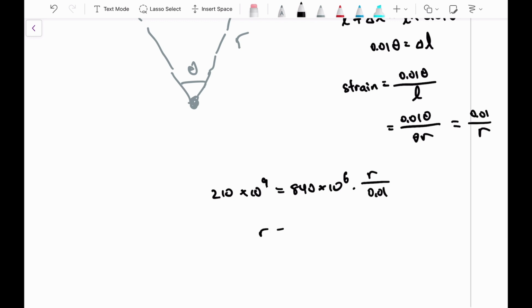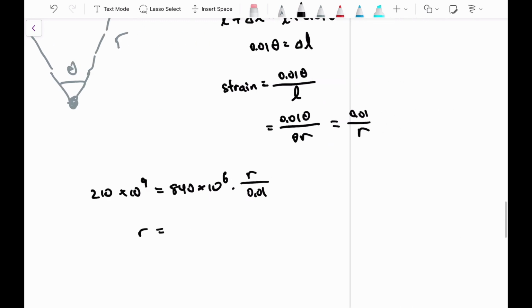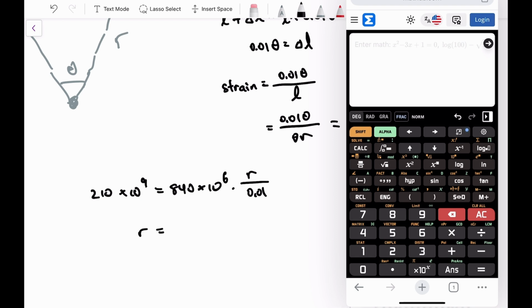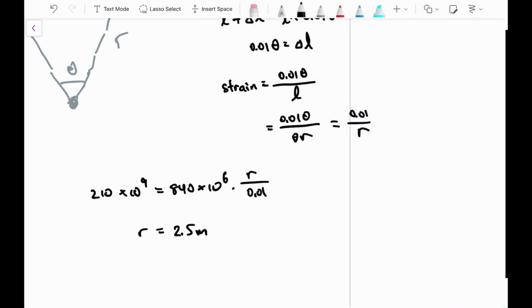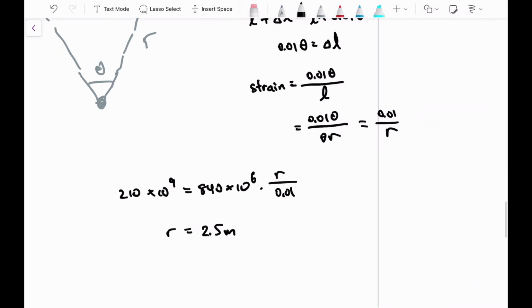Now we can simply calculate r. So this is 210 times 10 to the power of 9 times 0.01 over 840 times 10 to the power of 6. And it gives us 2.5 meters. And this is essentially the answer to the question.